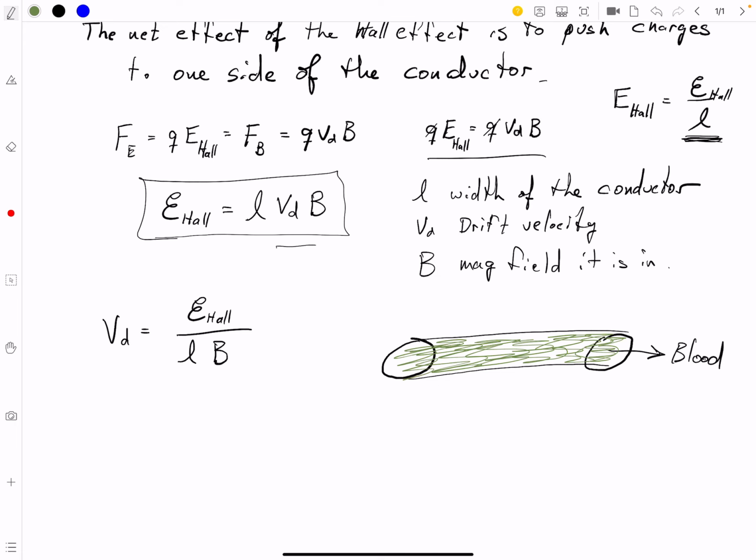If there are charged ions in there, so let's say we've got sodium chloride, NaCl. Some of those are positive and some of them are negative. I can't remember which. Sodium's negative and chlorine's positive.